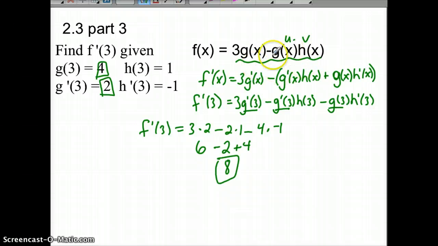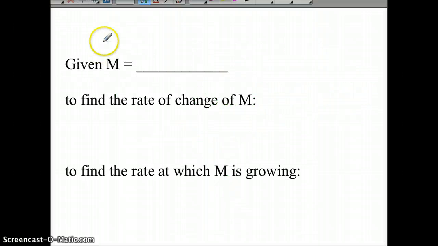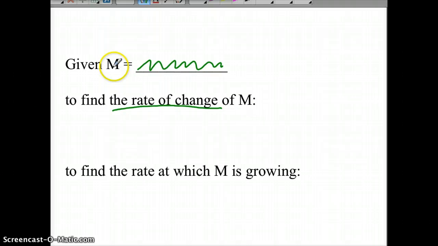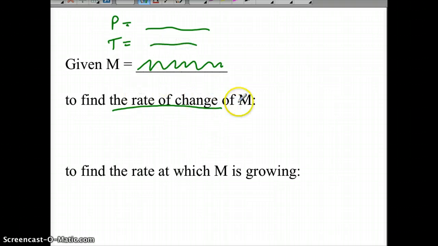It might be a quotient rule or whatever, and then after that plug in your numbers and use these values over here. The next example might be something like they give you some kind of function, whatever that function is. If they want you to find the rate of change of m, like if it's T for temperature, or if it's P for profit, whatever equation, and they want you to find the rate of change of that equation, what are you going to do?